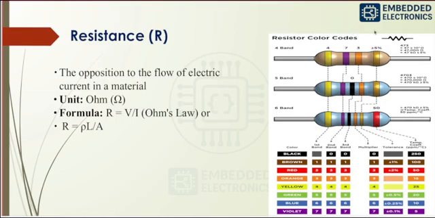Here the number is 3, so 10 to the power 3. If it is red, 10 to the power 2. Now this becomes 47 times 10 to the power 3, or 47,000, or 47k ohm is the unit. This is the resistor symbol.